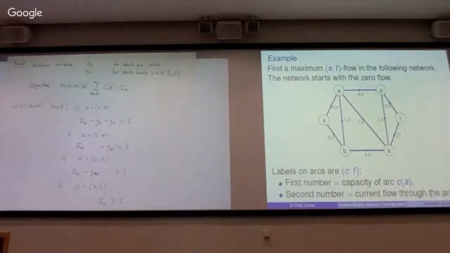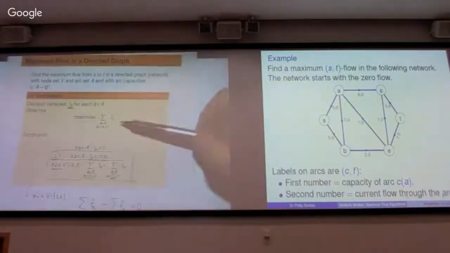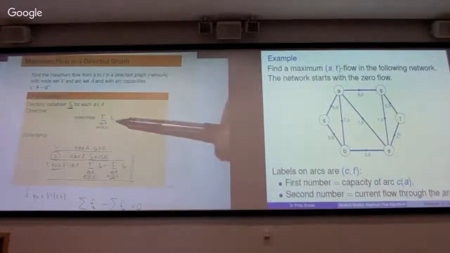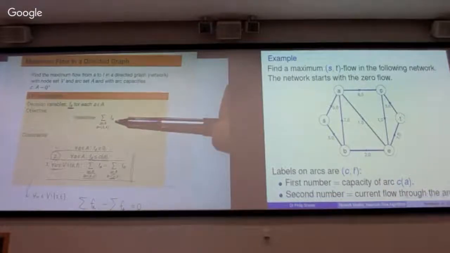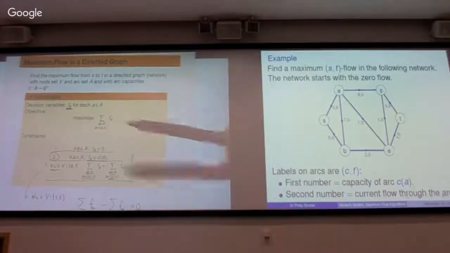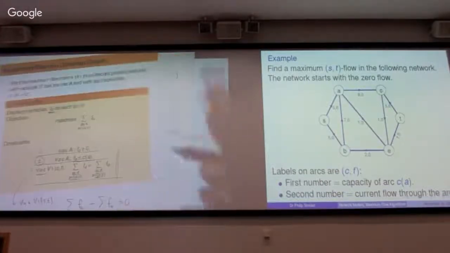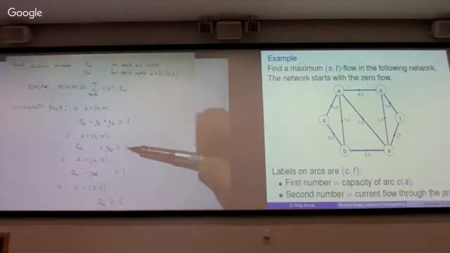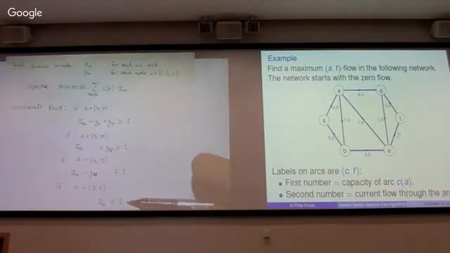When you look at the formulation here, we're adding the FAs only for the arcs that are leaving S. So the coefficient is 1 if that particular arc is leaving S, and 0 if it's not going out of S. If it's going out of S, like here, it's 1.